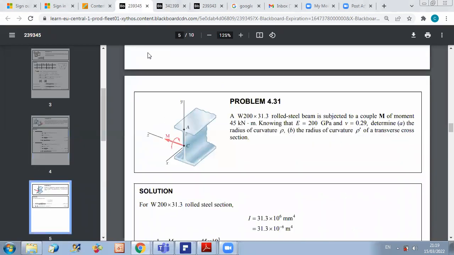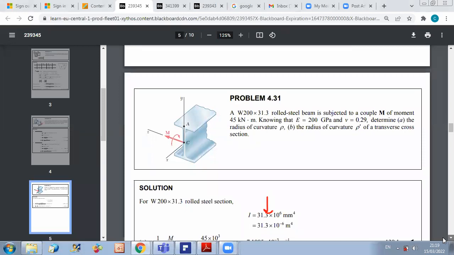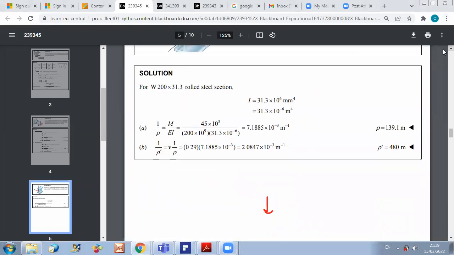And then I can continue my problem. I go back to my problem. I know the inertia from the table. Now I will apply the formula for the radius of curvature. If you remember, the bend radius of curvature is obtained by 1 over rho equals M over EI, where M represents the value of the bending moment applied. In order to obtain rho in meters, we should put M in Newton meter.